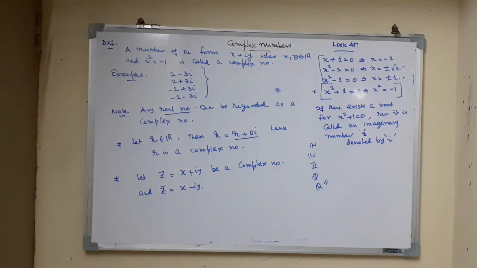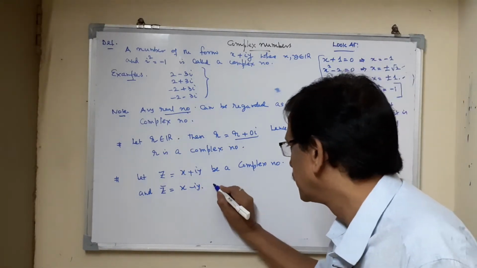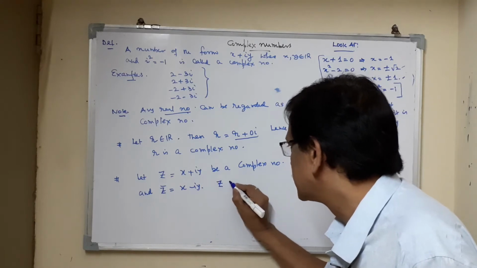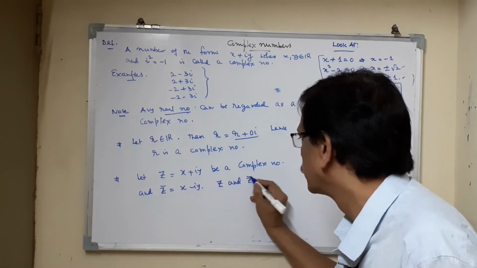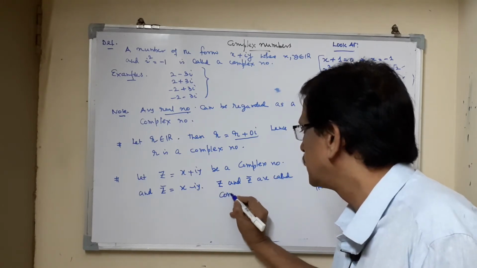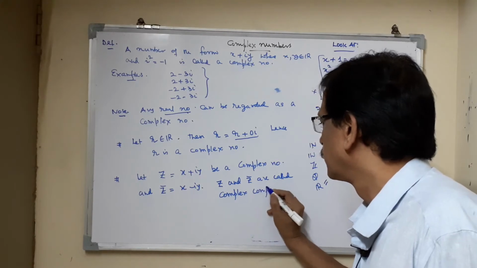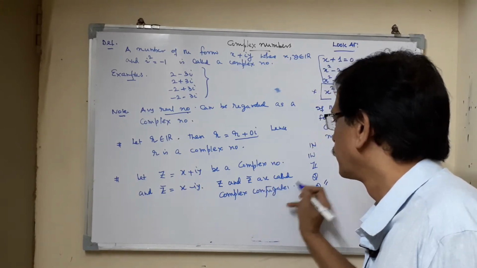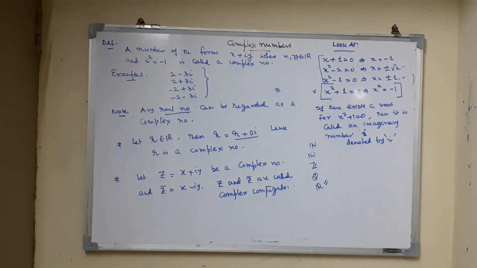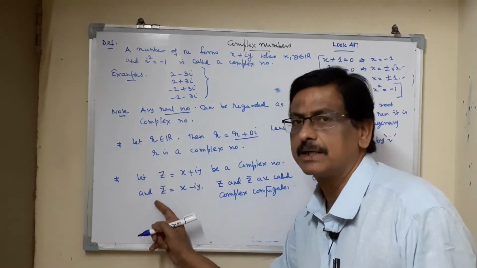I have taken a complex number, and I am writing z bar. z bar is x minus iy. z and z bar are called complex conjugates. That means z is conjugate to z bar, and z bar is conjugate to z.